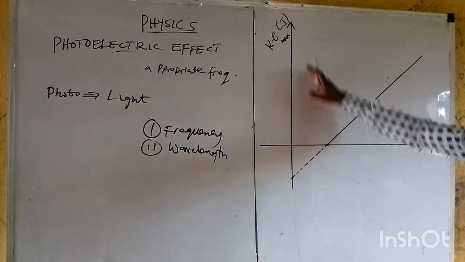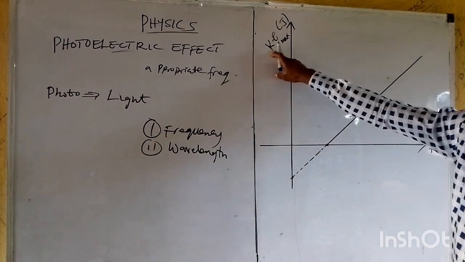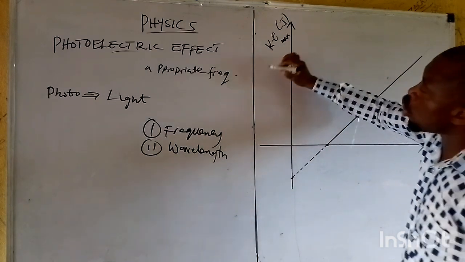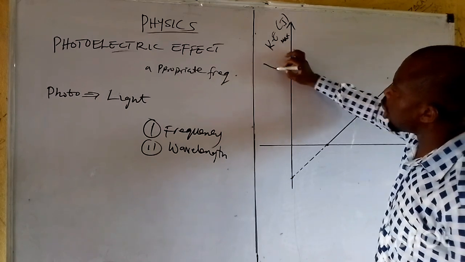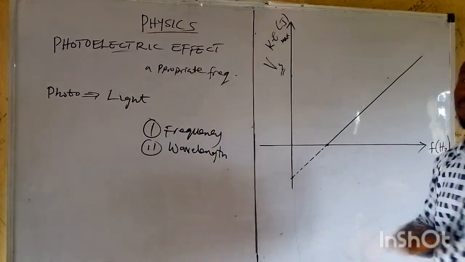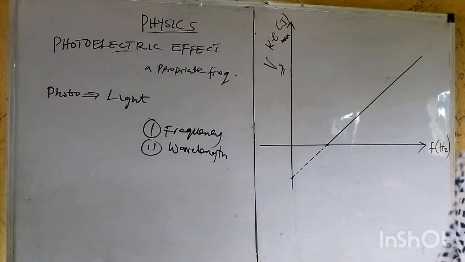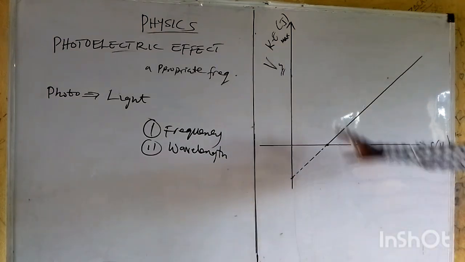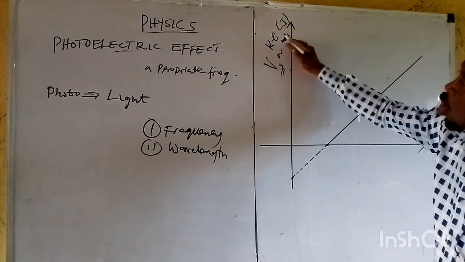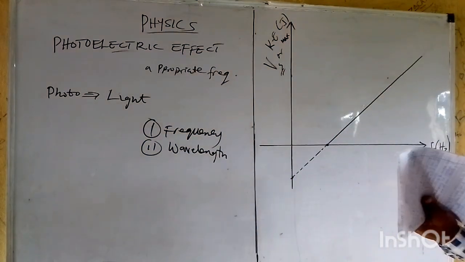This is a plot of maximum kinetic energy, or you can say stopping potential, Vs. We'll look at stopping potential as we go on. So either stopping potential or the maximum kinetic energy.